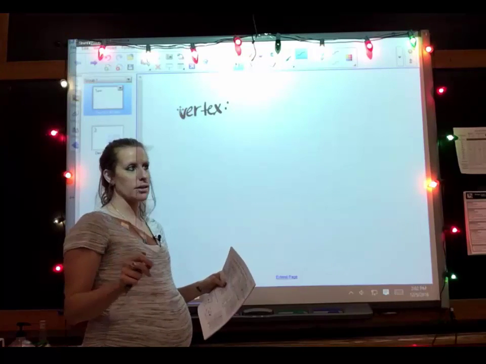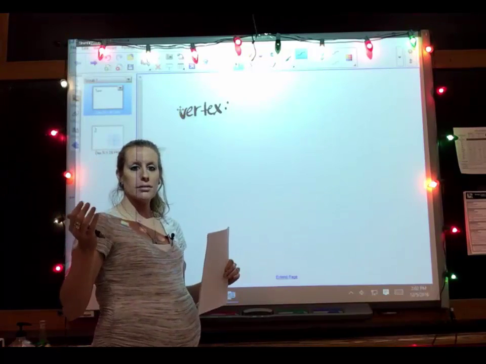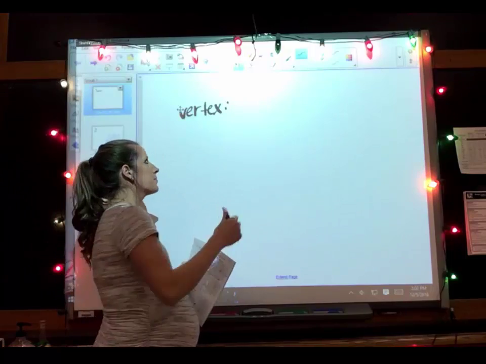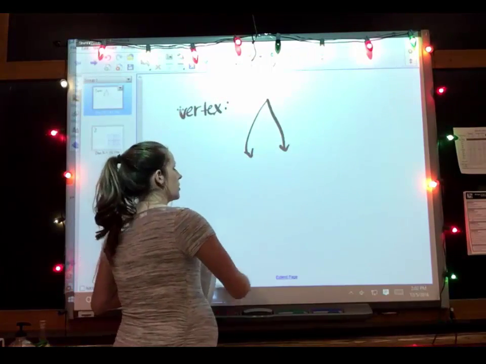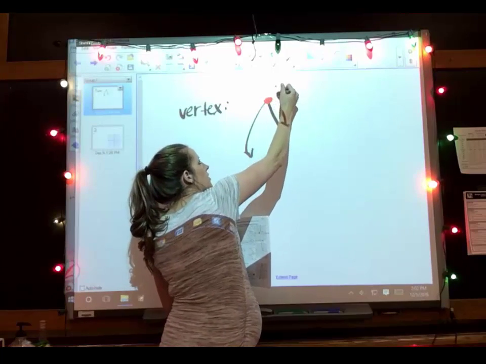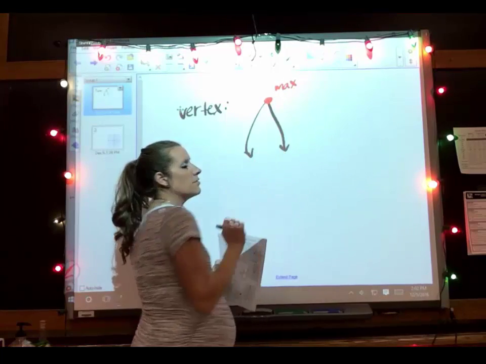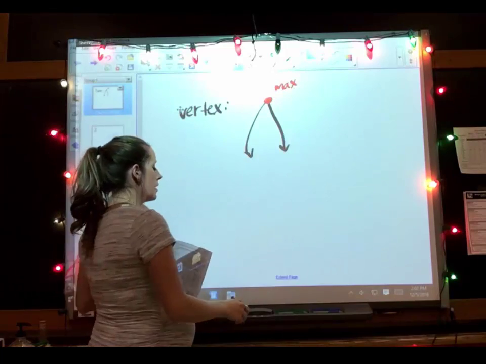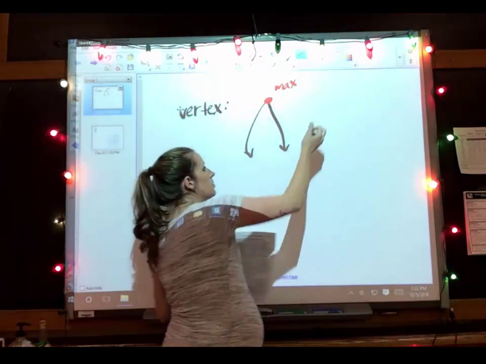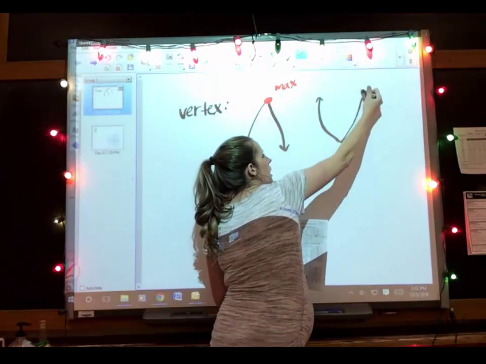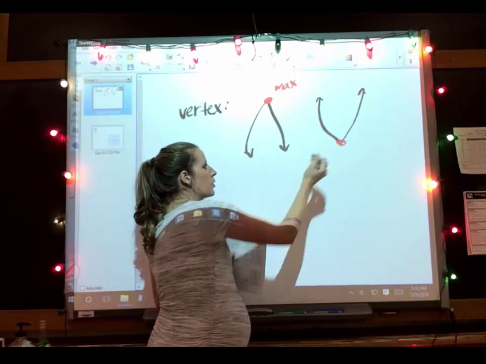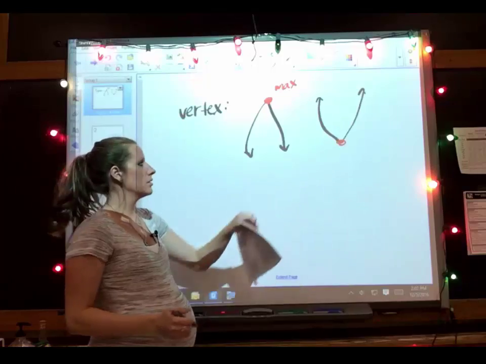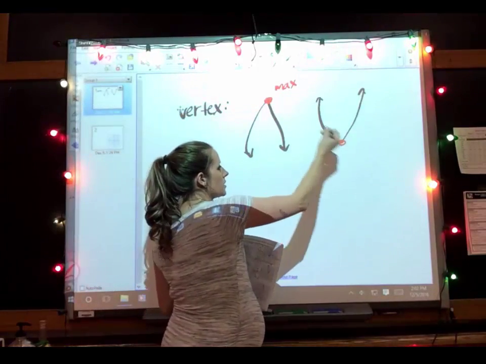So it could be the highest point if your parabola is upside down, and we call that the max value, the highest. It could be the lowest value if your parabola is right side up. But that point is going to be your vertex, so it could be your maximum or your minimum.